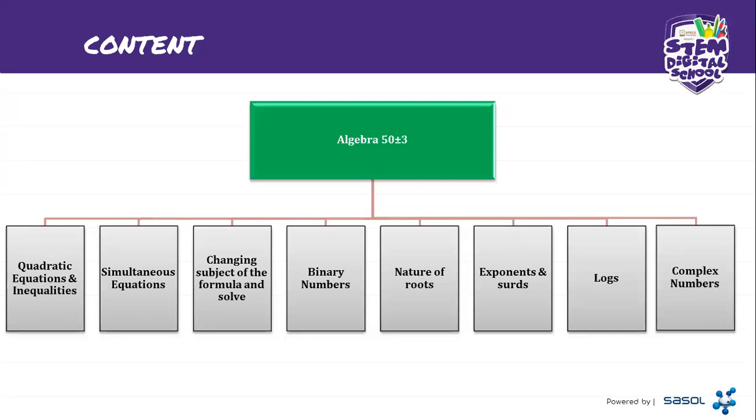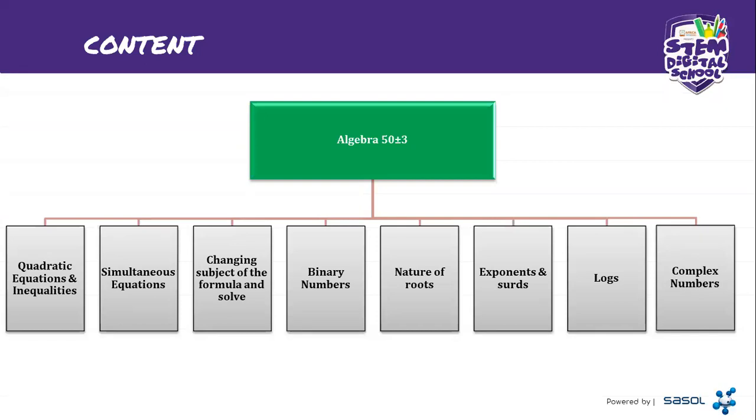That's number 1. Number 2, we have the simultaneous equations that need to be revised, and then changing the subject of the formula, and the solve. And number 4, we have binary numbers. Remember, we last did binary numbers in grade 10. So in grade 11, it was not there, and even in grade 12, but it's going to be part of the exam.